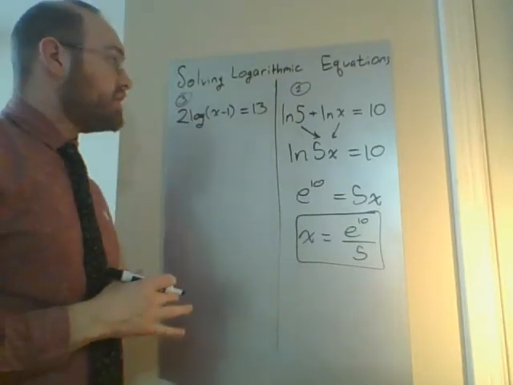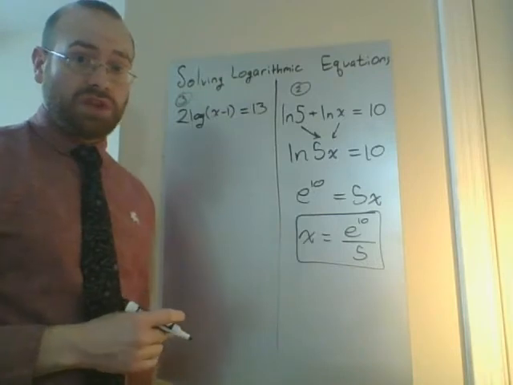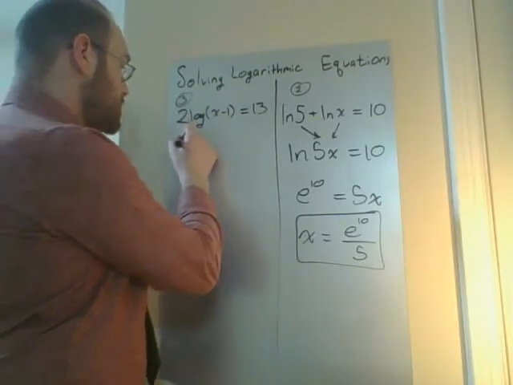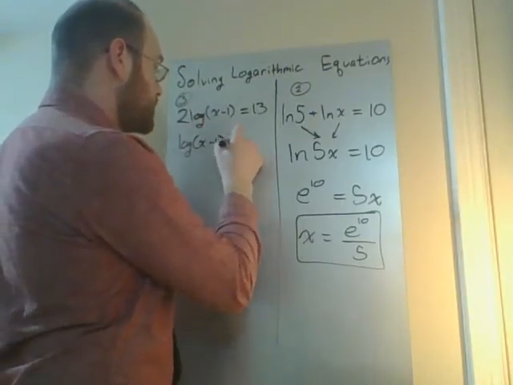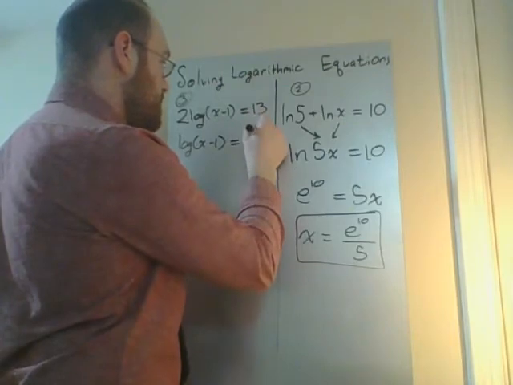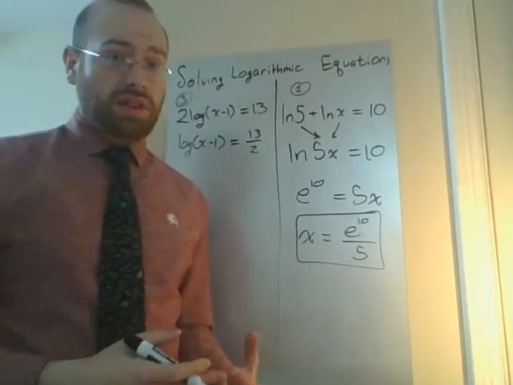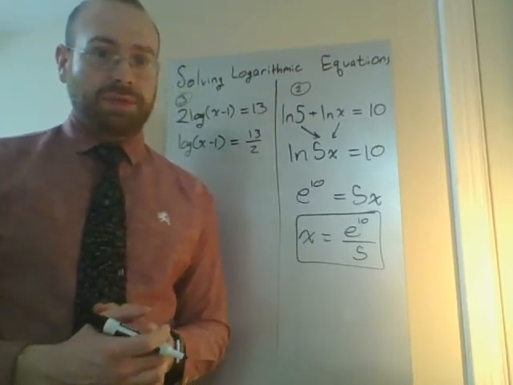Now, in order to solve this equation, we have to isolate our logarithm. And we can do that this time by dividing both sides by 2. We have the common log of x minus 1 equals 13 over 2. And now that we have our logarithm by itself, we can transform it into exponential form.